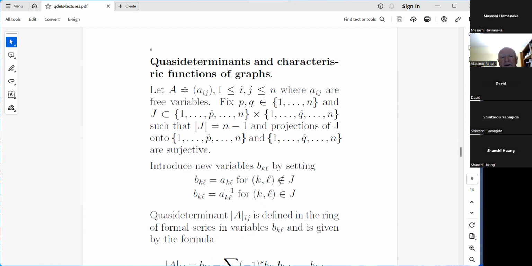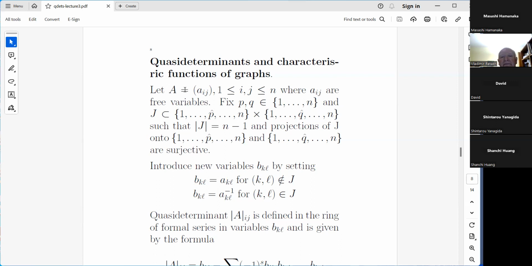a row of index I, a column of index J, and then in the remaining matrix, I will choose exactly one element, actually n minus 1 elements, such that in any row there is exactly one element, and in any column there is exactly one element.